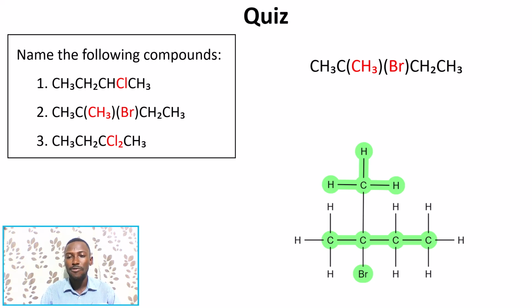This is the displayed formula of the structural formula I have on the screen. Let me explain. If you look at the longest continuous chain, the uninterrupted carbon, 1, 2, 3, 4, counting from left to right, carbon number 2 has bromine at the bottom and CH3 at the top.